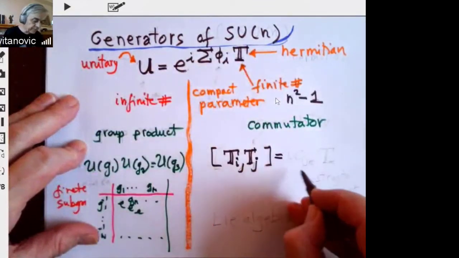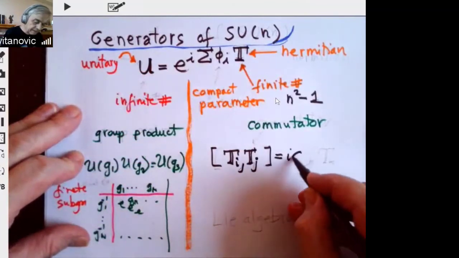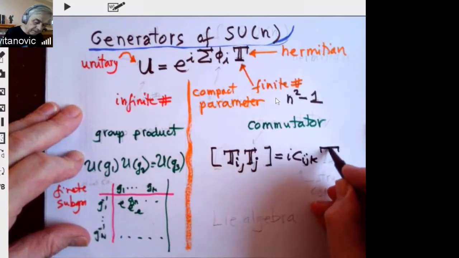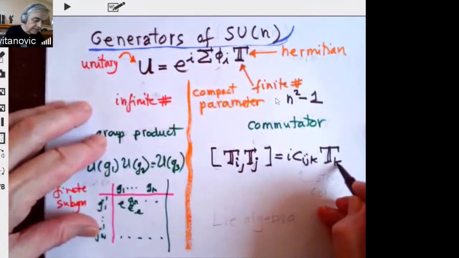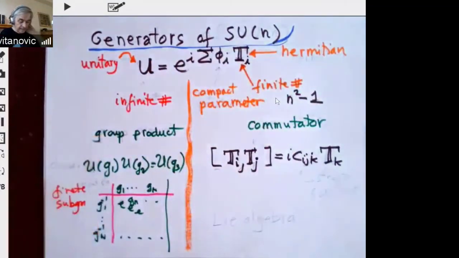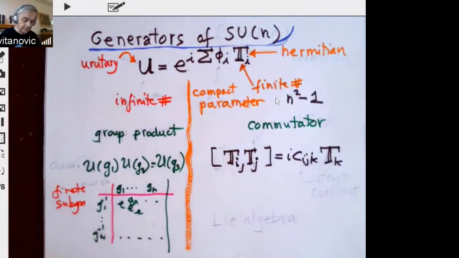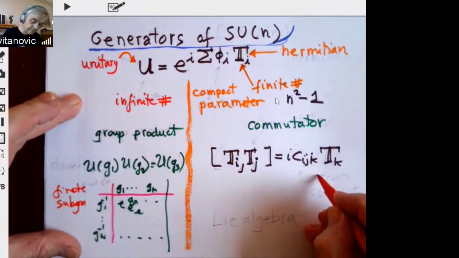This still has to be a unitary group, which means that it has to be expressed in terms of some of these generators. And that constructs a table which is not now a multiplication table, so that's called structure constants.